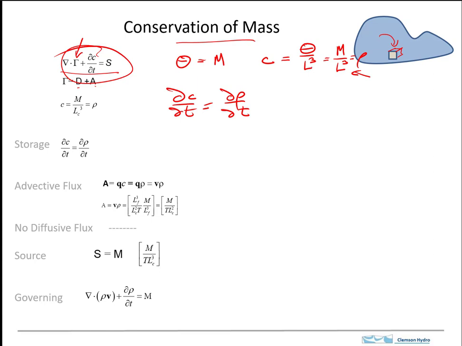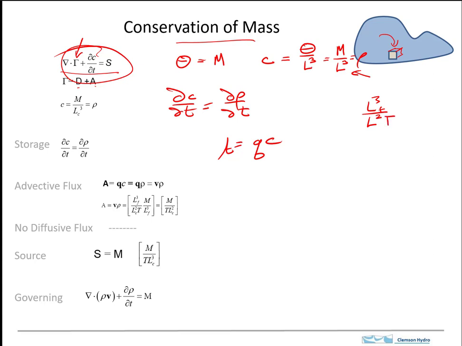Now, the advective flux, this is going to be, in general, a volumetric flux of the fluid times C, and the volumetric flux is going to be the volume of the fluid per area total per time.